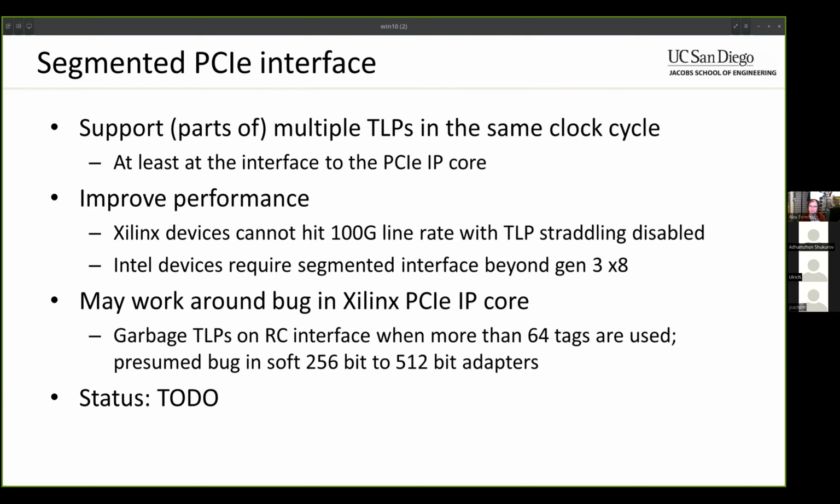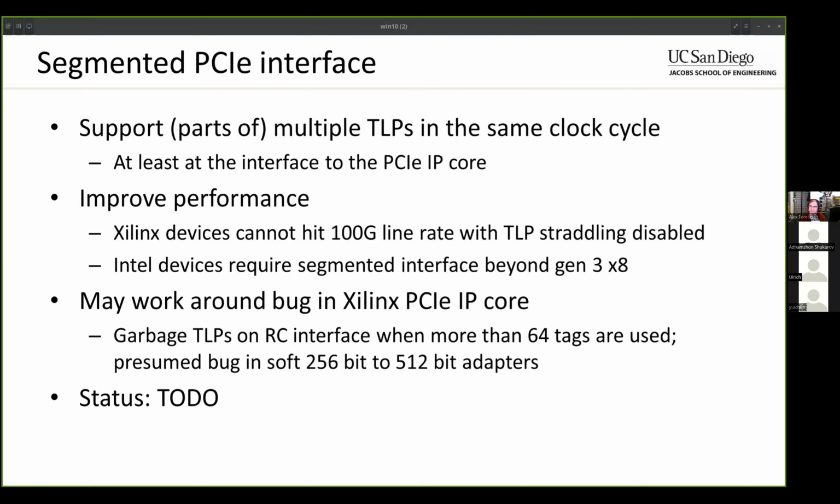This is coming from the host back into the FPGA. Garbage because the fields in the header are complete nonsense. It looks like it's getting some random bit of data from one of the other packets in the header instead. I'm not exactly sure what's causing that, but my assumption at the moment is that this is related to the soft logic that converts between 256 bits and 512 bits.